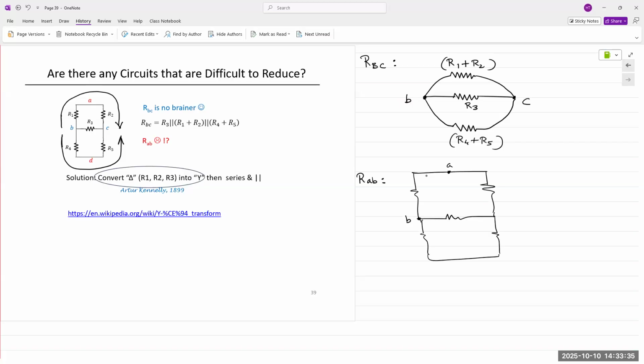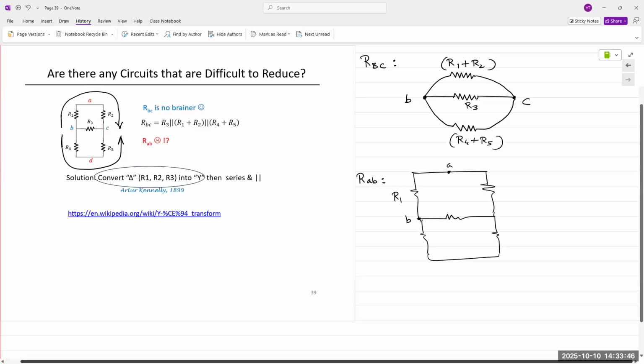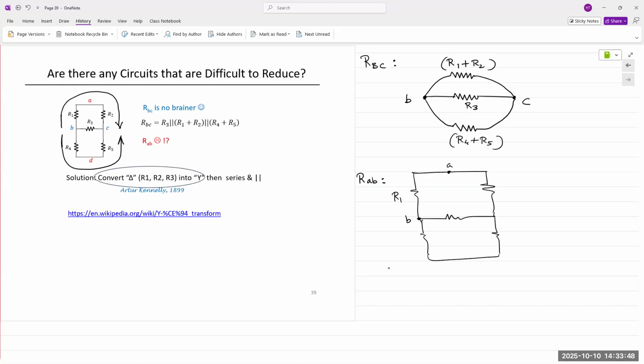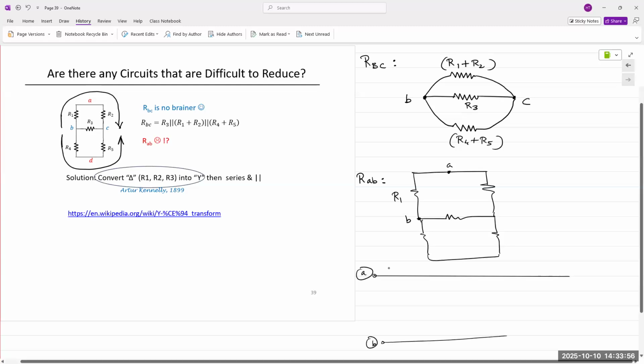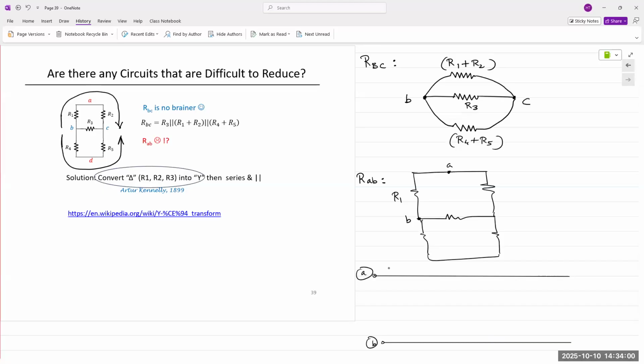So remember the concept, what do we say? Anything that is connected between 2 nodes is in parallel. So the first thing that we have between A and B is R1, right? So let's say this is A and this is B. Okay, what do we have? One single resistor.